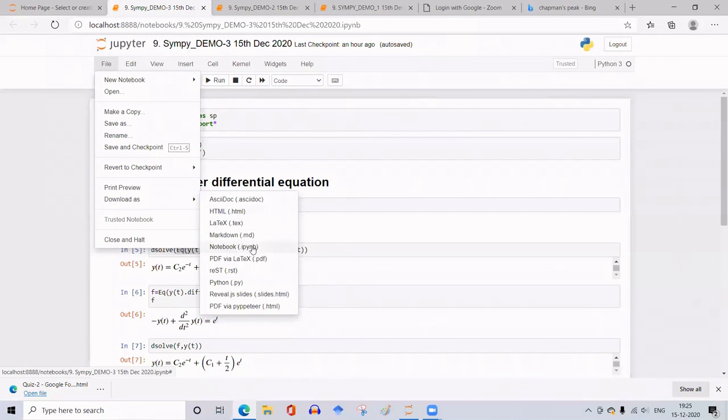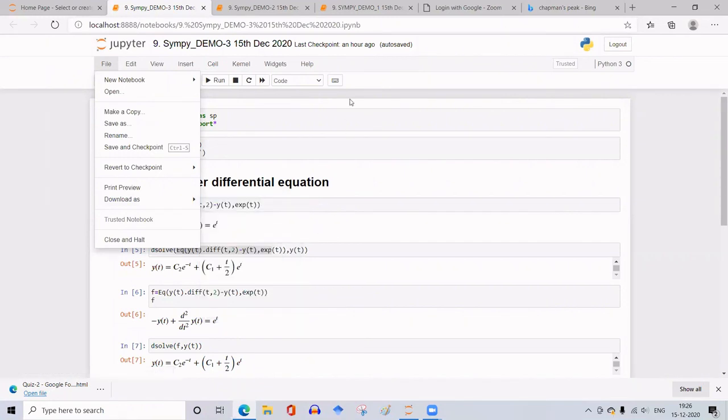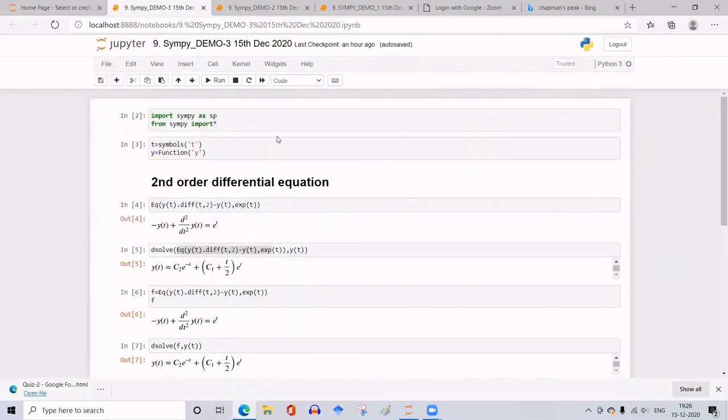If you send it directly, this is also good. Send it as a notebook, attaching the notebook format, .ipynb. That will also do. Otherwise, you can send the HTML format also, no problem. First, try it with the notebook format itself so that I can directly run it in my Jupyter notebook.